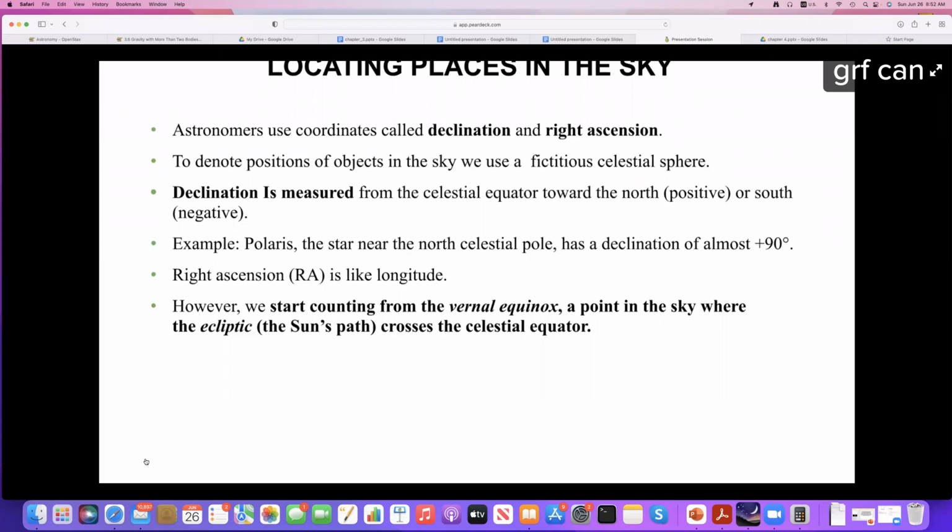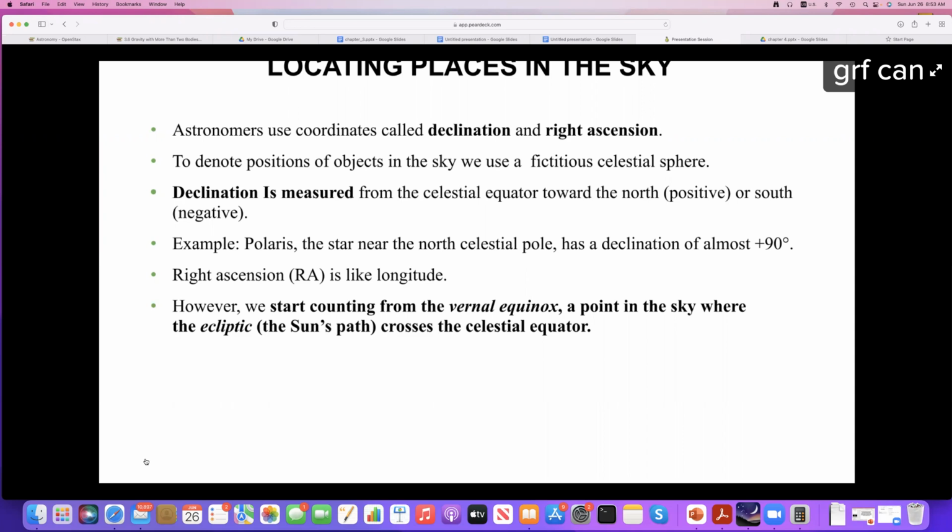This is because the star is located at the North Pole, so that is 90 degrees from the celestial equator, towards the northern side, so the value should be plus. So you should understand what plus and minus mean. For example, if you look at a star at the southern celestial pole, then the declination value should be minus 90 degrees, right?